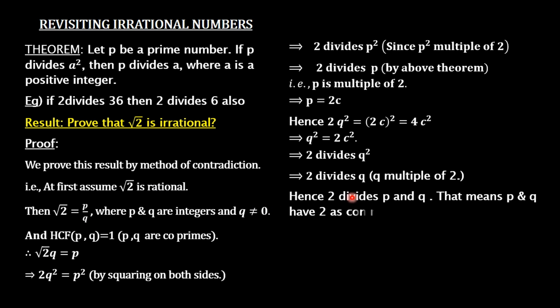Hence, what did we get? 2 divides Q and 2 divides P. Hence, P and Q have a common factor which is 2. That is, the highest common factor of P and Q is 2 or something greater than 2, not 1.